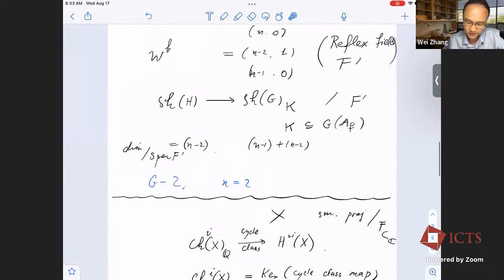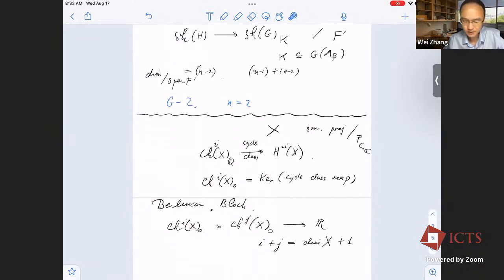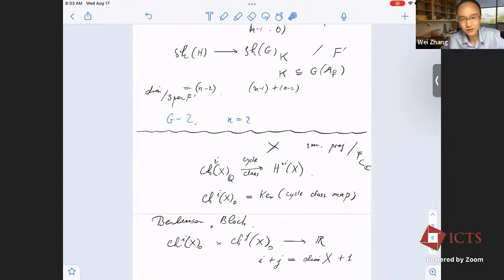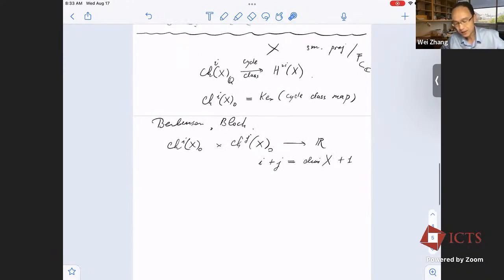Recall that in our case, it's important to consider the height pairing between cycles, but also we have Shimura varieties. The Shimura varieties we have come with a large supply of correspondences, corresponding to the Hecke operators, so Hecke correspondences. One thing you want to have is that the action of a Hecke correspondence on the Chow group should depend only on its induced action on the cohomology, at least when you plug into the height pairing.